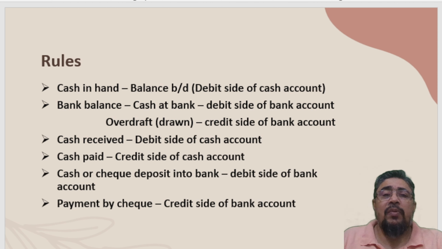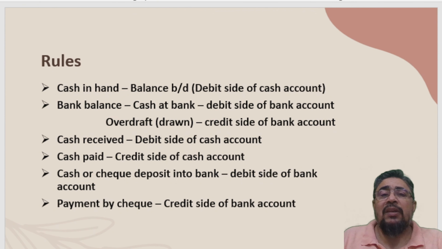A credit balance of the bank column means it is overdrawn, an overdraft, so we have a negative balance in our bank account. When we receive cash, we always post it on the debit side of the cash column. When we pay cash, we always record it on the credit side of the cash column.